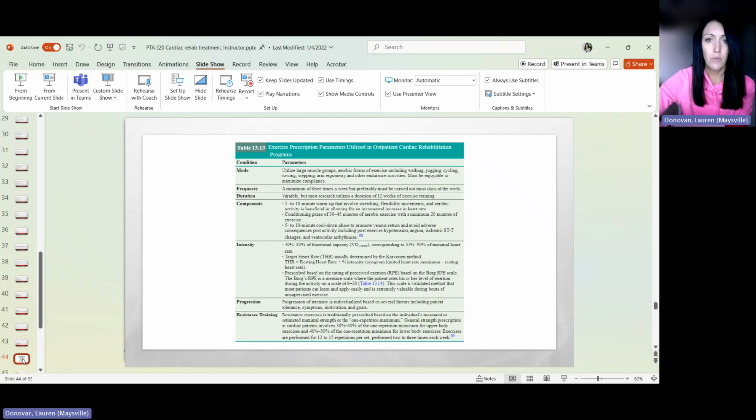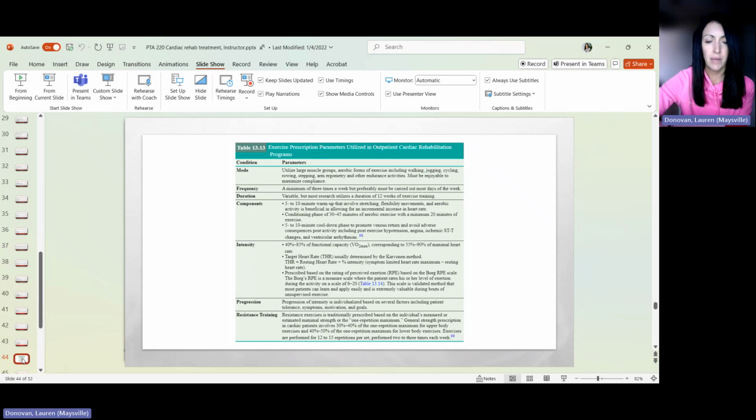These are just examples too of the outpatient, and I do want you to look over the modes, just some different examples of others that I didn't already mention, as well as frequency and duration and components involved with that, as well as intensity of 40 to 85% of functional capacity, corresponding to 55 to 90% of maximal heart rate.